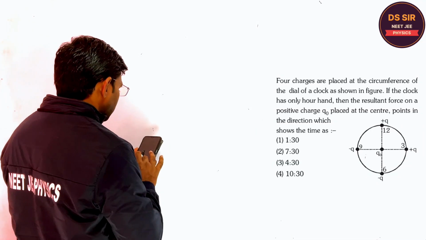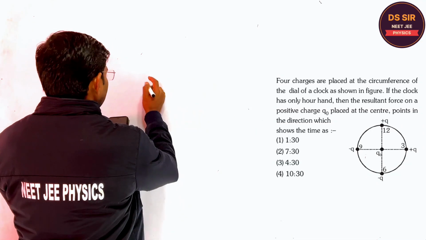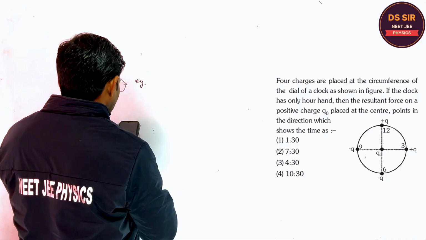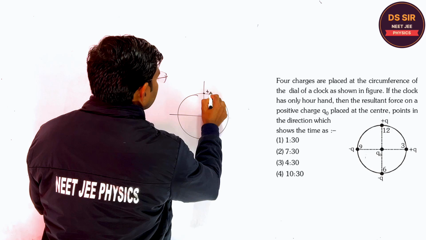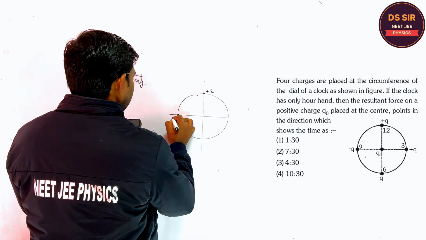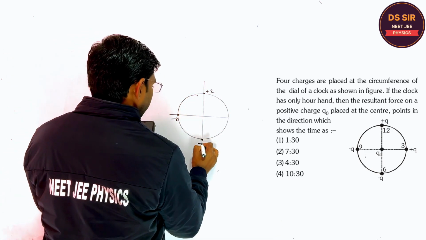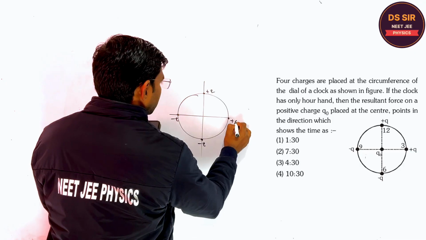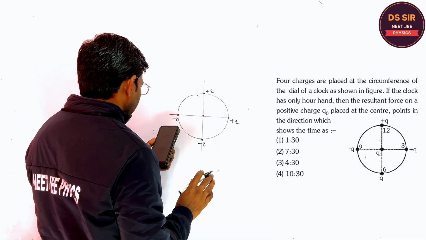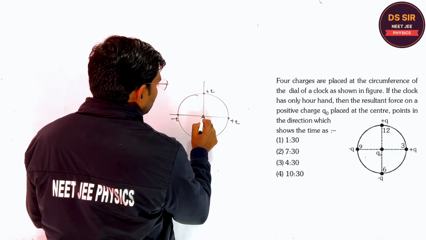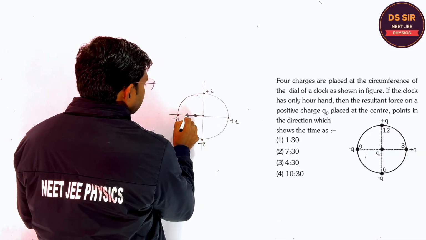So read this question. In this question, 4 charges are placed at the circumference like this. This is plus q, this is minus q, this is minus q, this is plus q. So this is plus q, and this is the force.